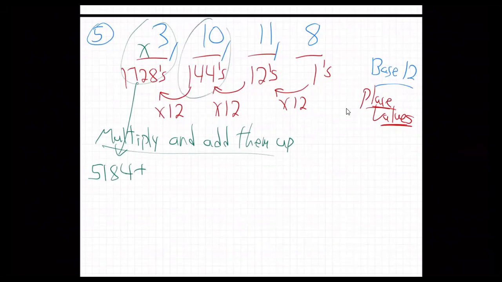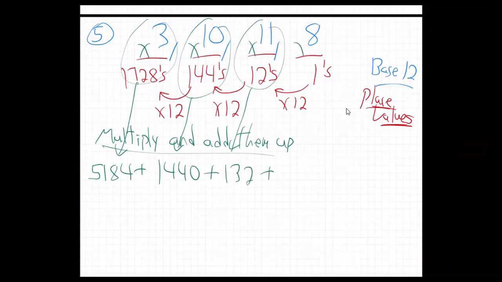5184. The next one, 10 times 144, 1440. Next one, 11 times 12, 132. Next one, 8 times 1 is 8. And then add them up.